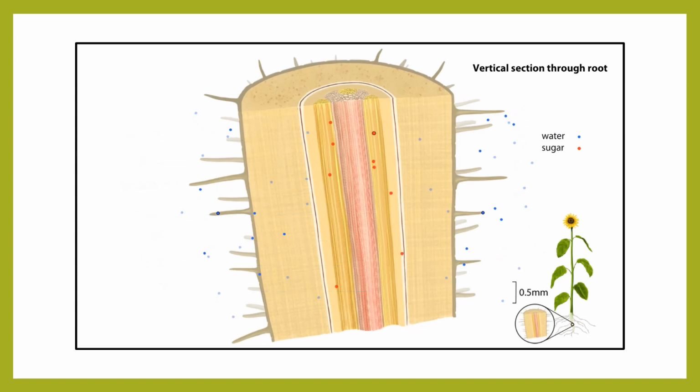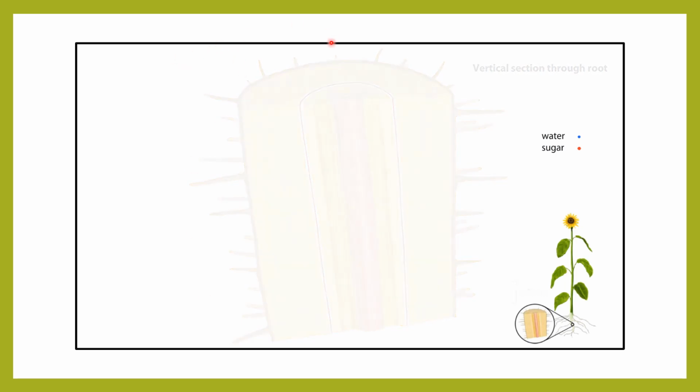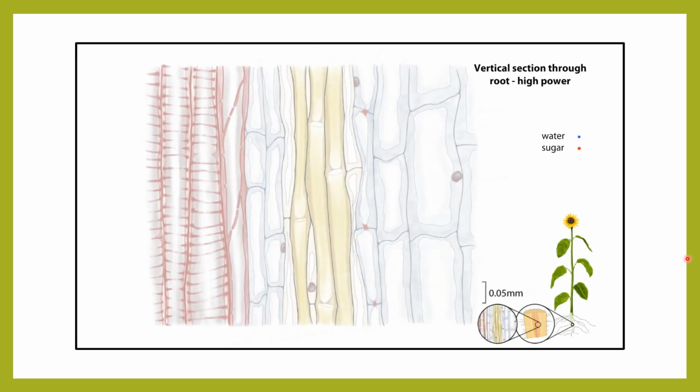And the glucose is moving down into the root while the water is moving up. And so you can identify which part is the xylem and which part is the phloem. And so this is an even deeper look. So we've got the xylem on the left over here and the phloem in the middle over here.